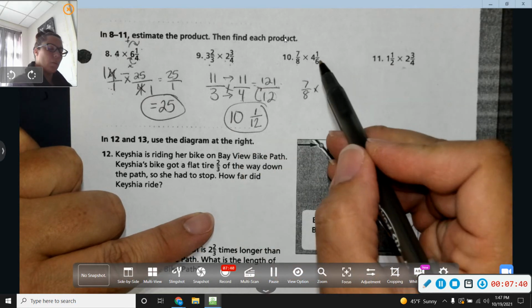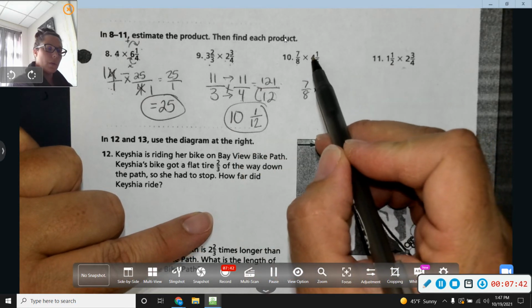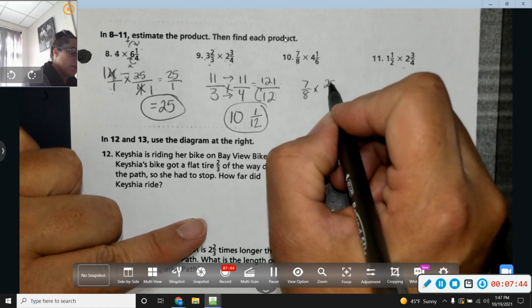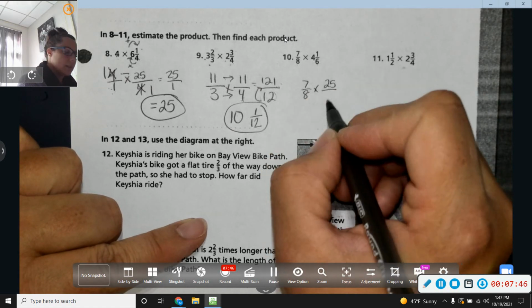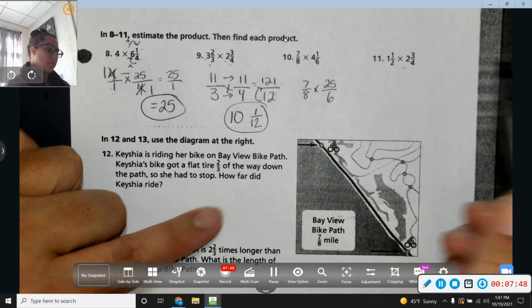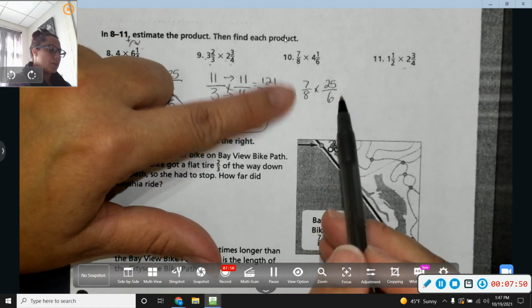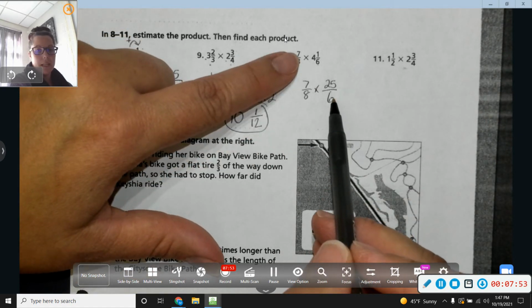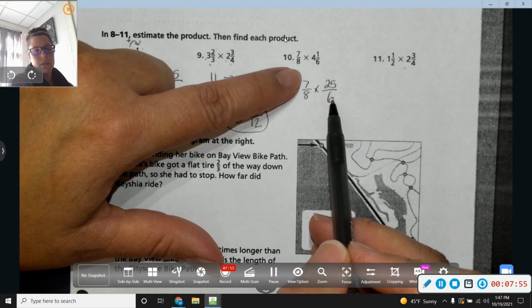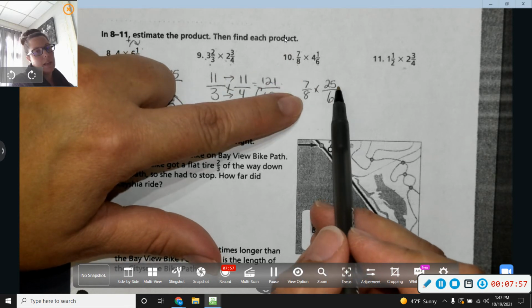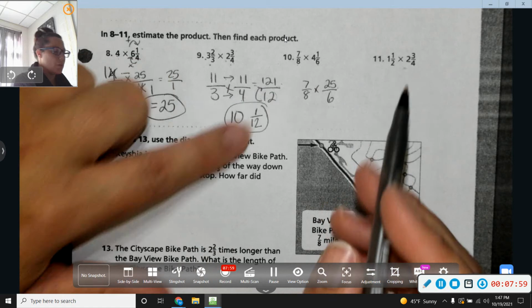Now I have to wheel. 6 times 4 is 24, plus 1 is 25. My denominator is 6. That always stays the same. Can I reduce anything? I can't. I can't reduce anything from 7 and 6, and I can't reduce anything from 8 and 25.